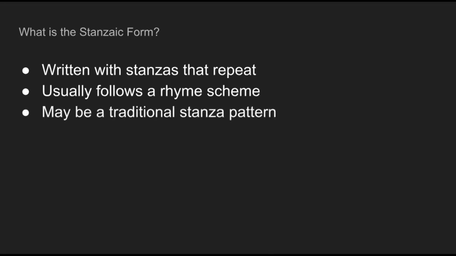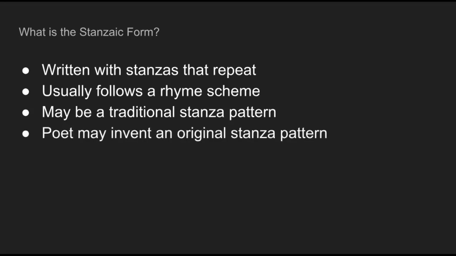There may be a traditional stanza pattern, or the poet may invent an original stanza pattern. So you look at it, they're stanzas, but those aren't traditional patterns that are often repeated or often used. The poet can design one themselves that looks a certain way and then repeat that stanza.